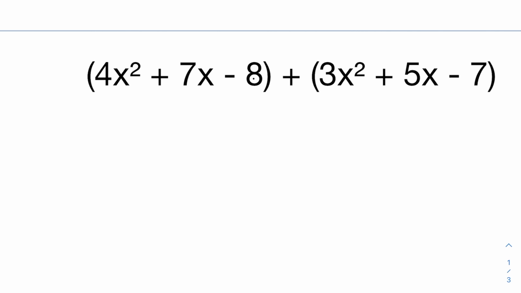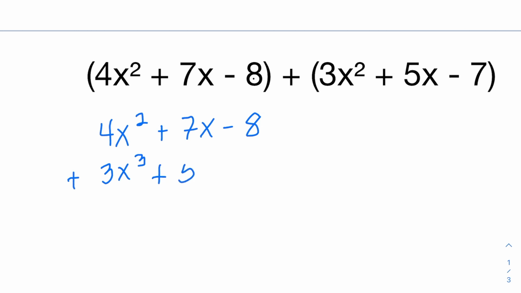So here, we can also write this as 4x squared plus 7x minus 8, and then put the second polynomial underneath, plus 3x squared plus 5x minus 7. And oops, I wrote 3x to the third. Hopefully some of you caught that and you were pointing it out on your own.